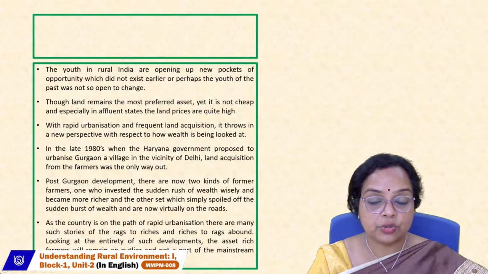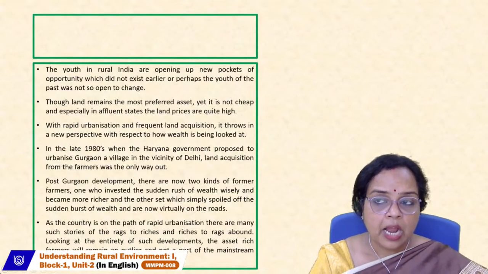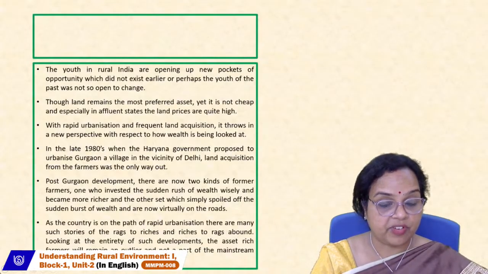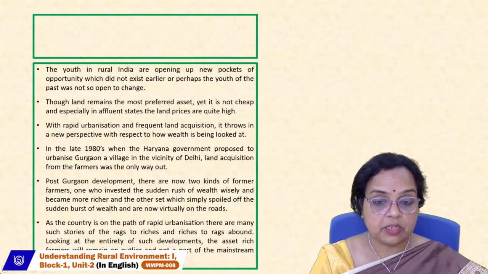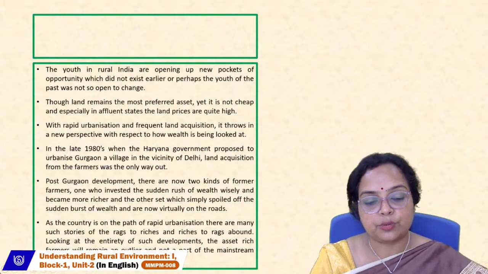Farmers had to sell their land for the development of Gurgaon, and in return they received a hefty amount from the government. Post Gurgaon development, there are two kinds of former farmers: one who invested the sudden rush of wealth wisely and became richer, and the other who simply spoiled the sudden burst of wealth and are now virtually on the roads.